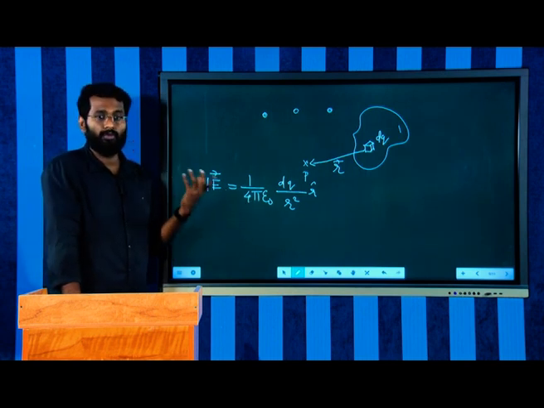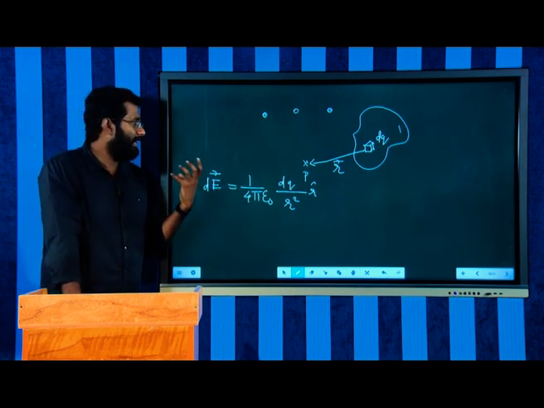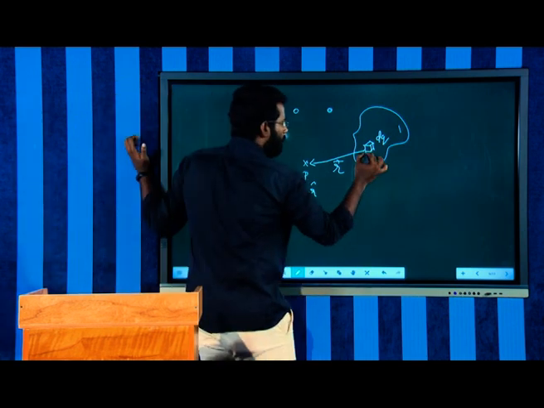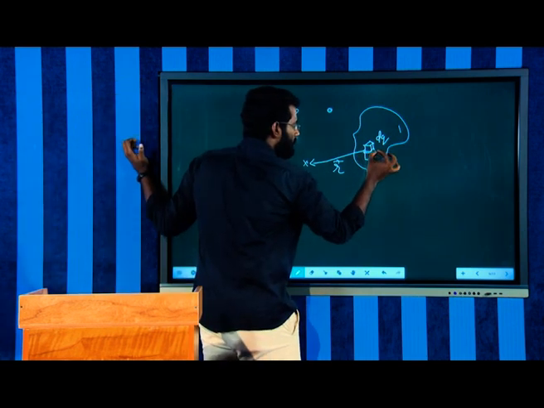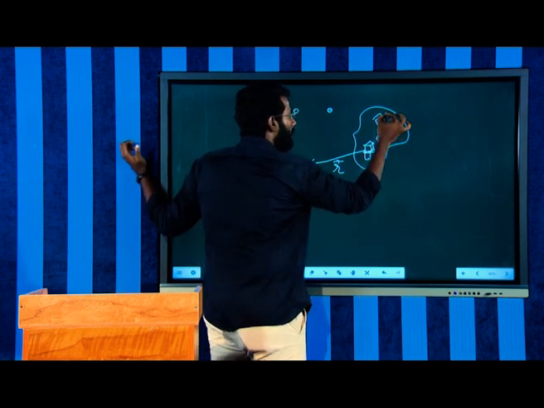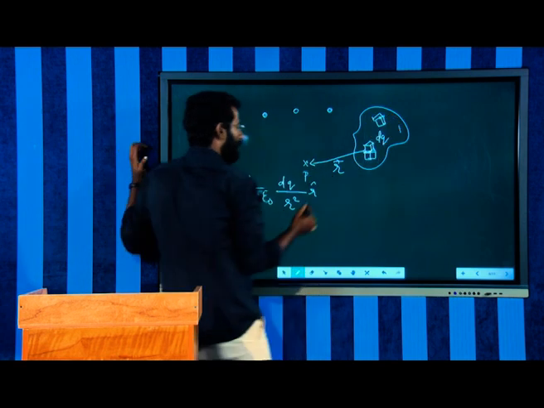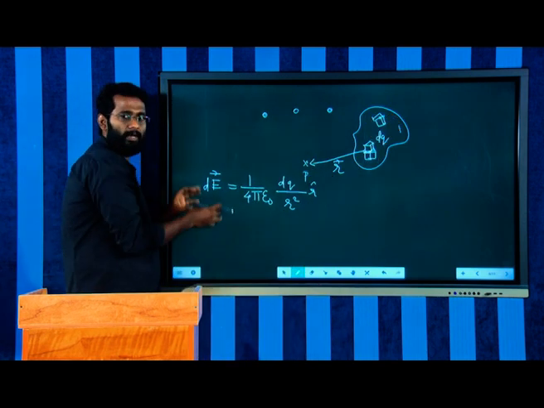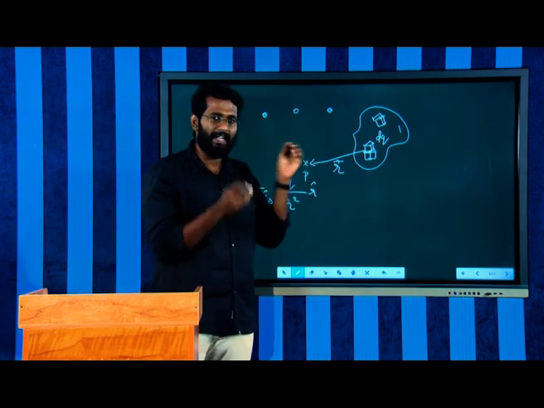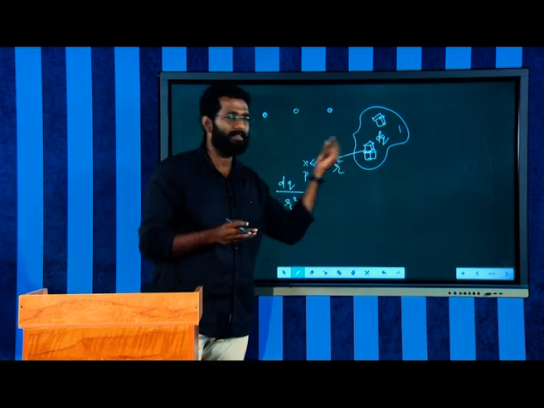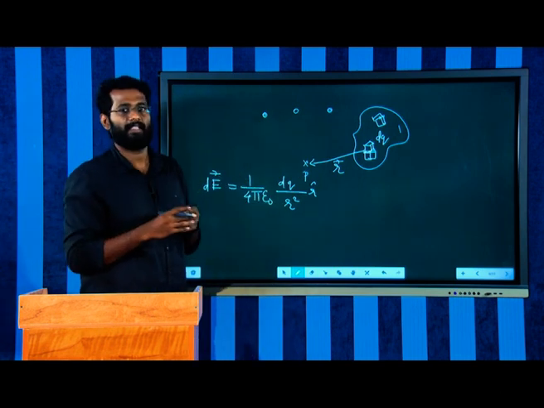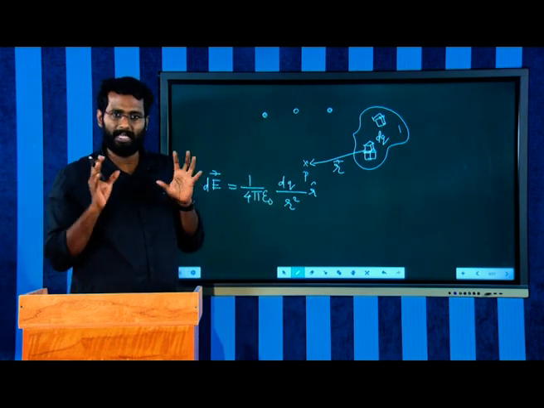Now, to get the total electric field due to all this, you have to consider another small piece from here, another small piece from here, and calculate dE1, dE2, dE3 and take the sum. That means we are taking infinitesimally small pieces of charge and summing them up, and the mathematical technique to do that is called integration.